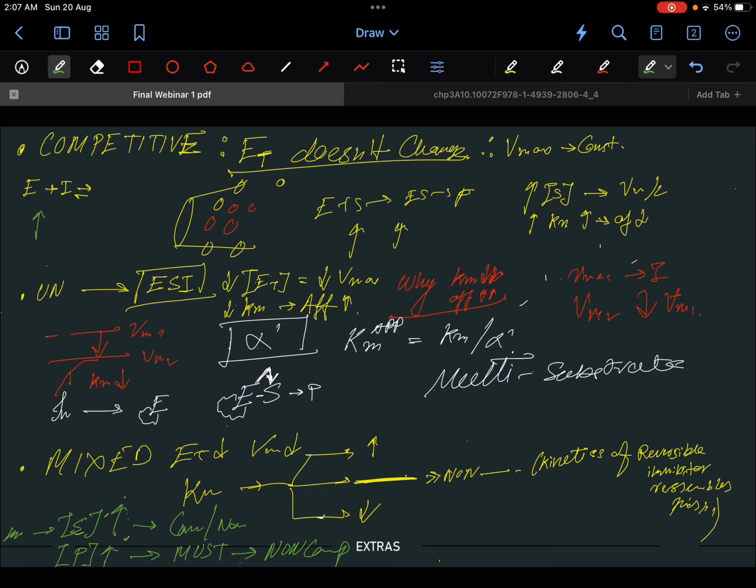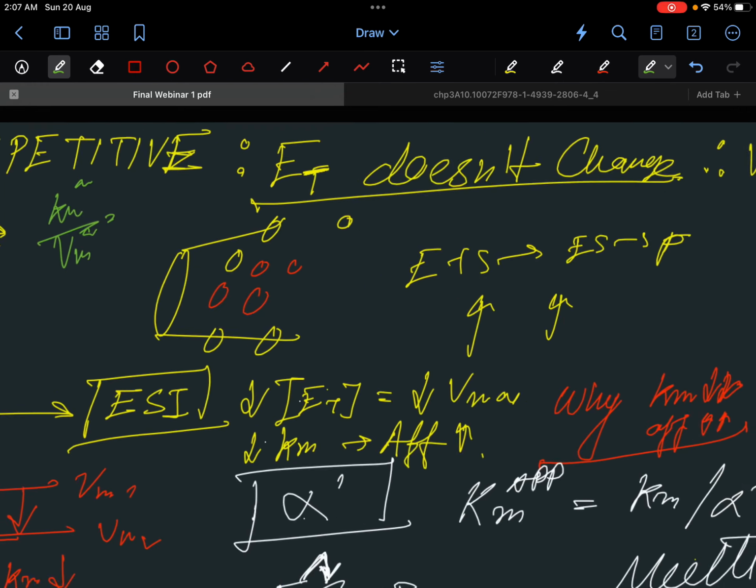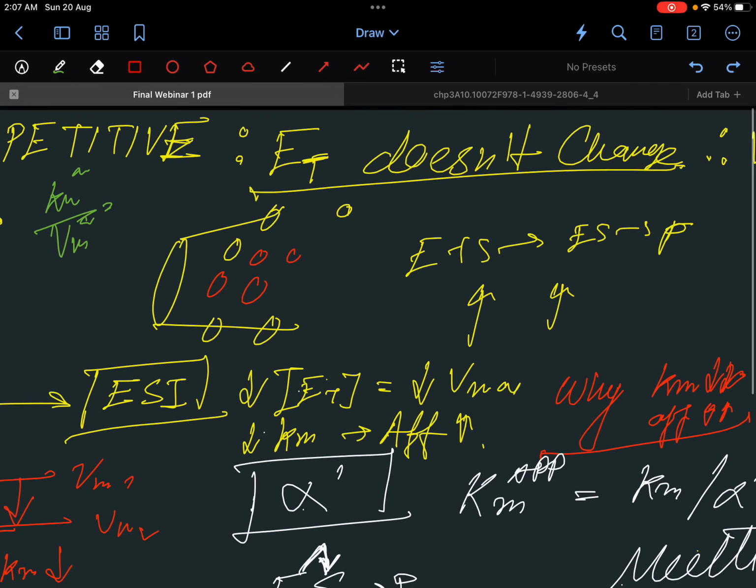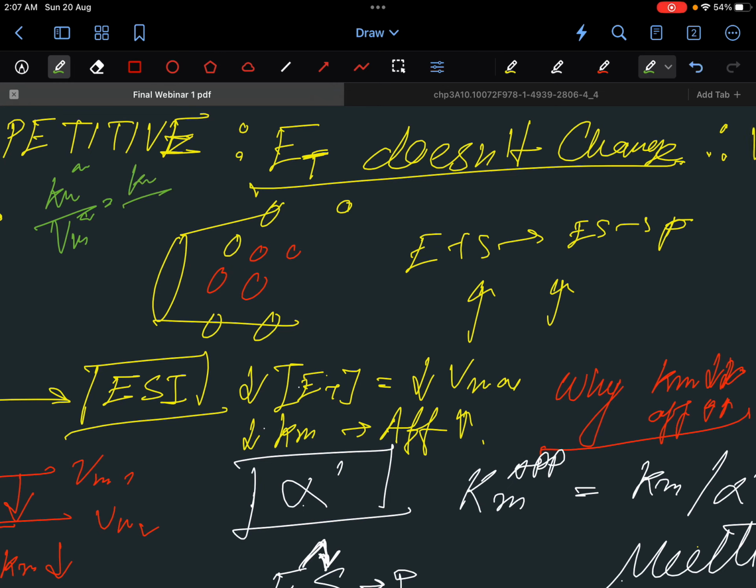Okay, so what is the significance of alpha here? For competitive inhibition, you can see the Km by Vmax value: Km by Vmax apparent is equal to alpha times Km by Vmax.